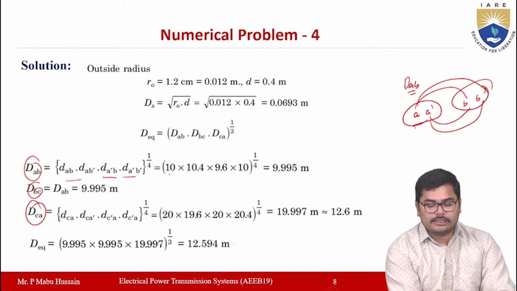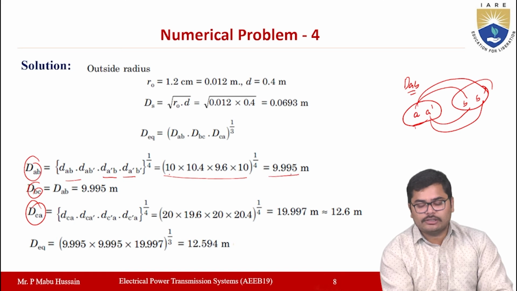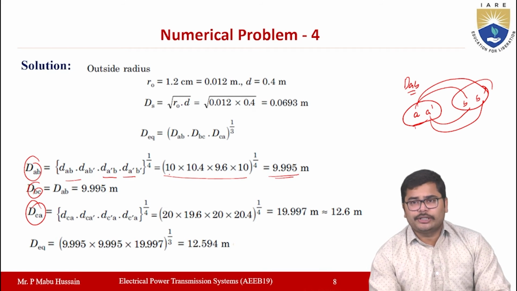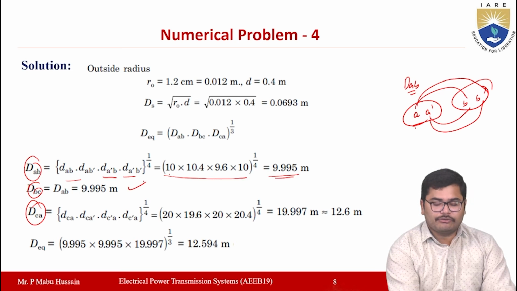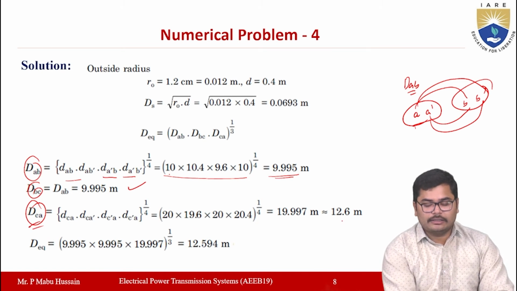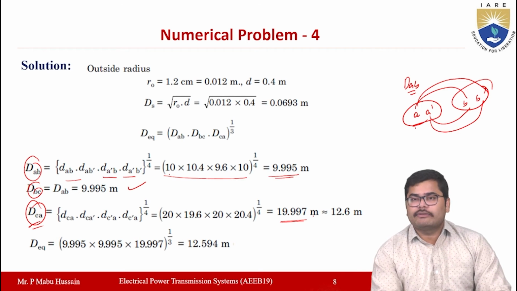If you observe all the distances, you will get these values: DAB is equal to 9.995 meters, and DAB and DBC will be the same, and DCA, if you calculate, you get about 19.997 meters.